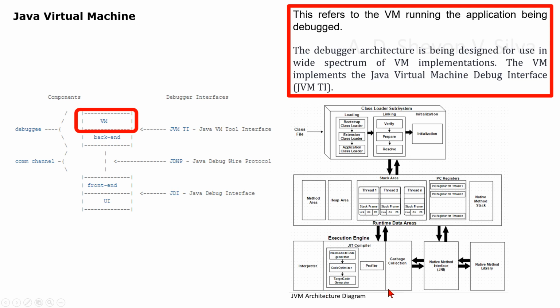Interpreter, just-in-time compiler, and garbage collection are inside the execution engine. Intermediate code generator, code optimizer, target code generator, and profiler are inside the just-in-time compiler.